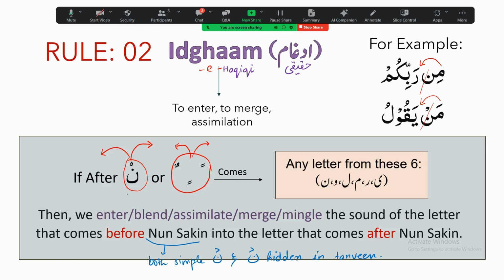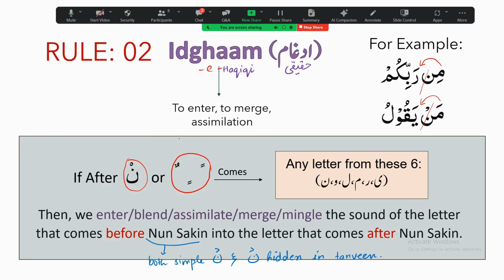That obviously means that we will skip the sound of Noon Sakin from there.